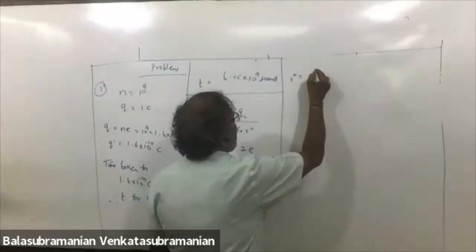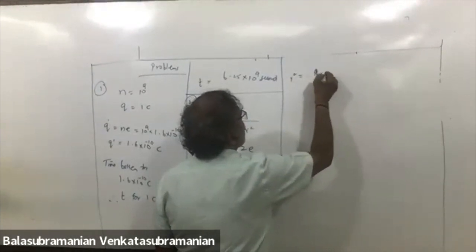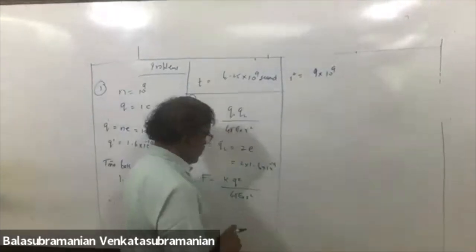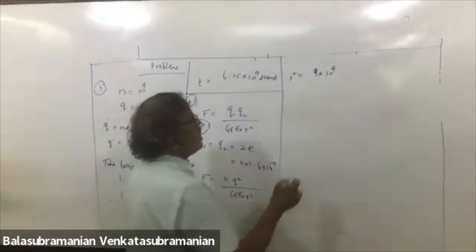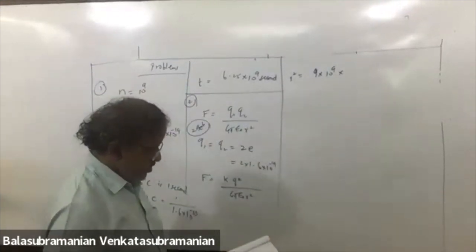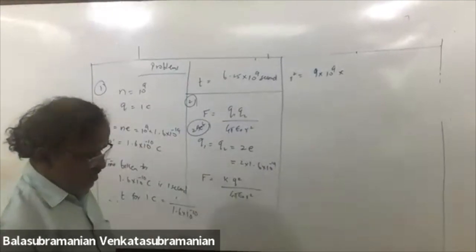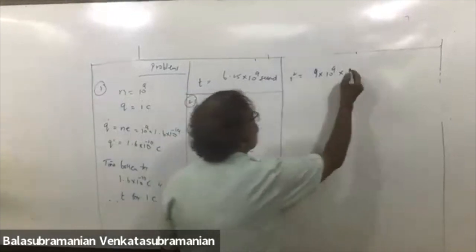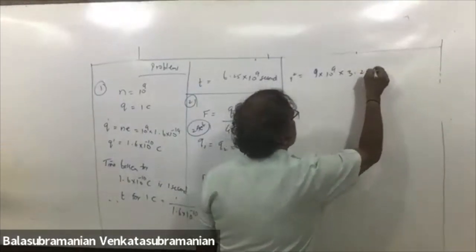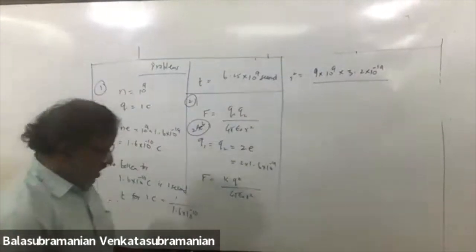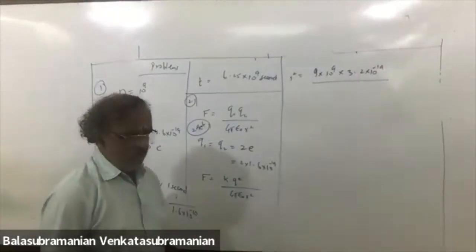K is 9 into 10 power 9, into Q square. What is Q square, we have done. 2e, so 3.2 into 10 power minus 19, divided by R square, for force F.